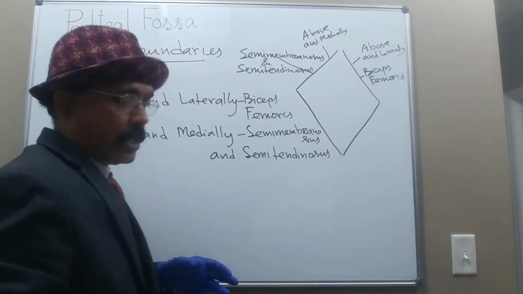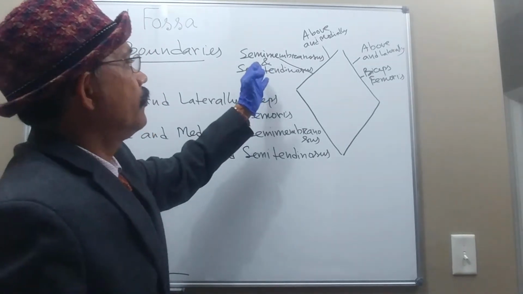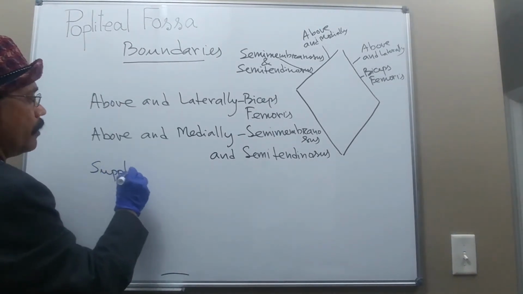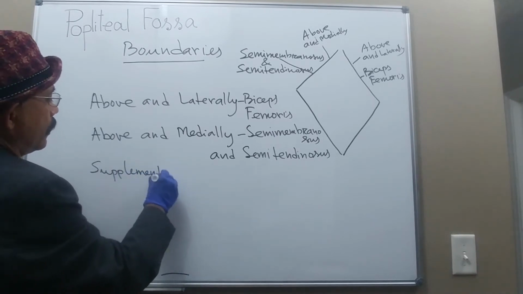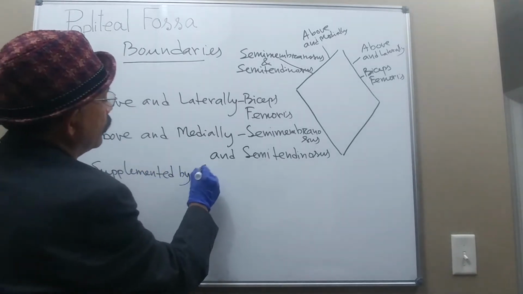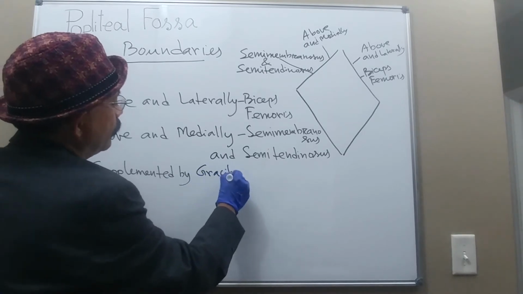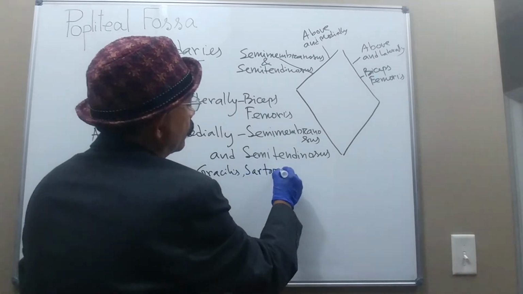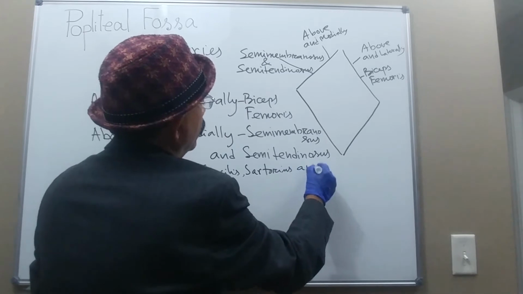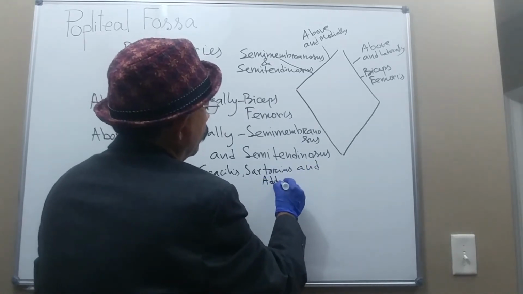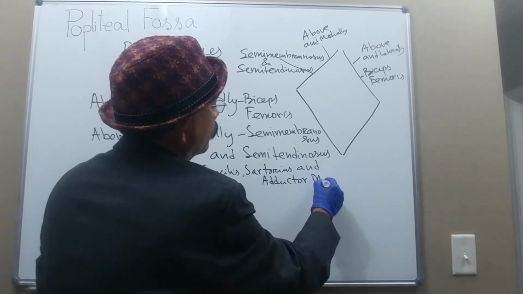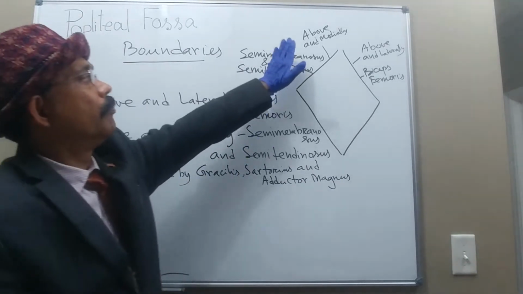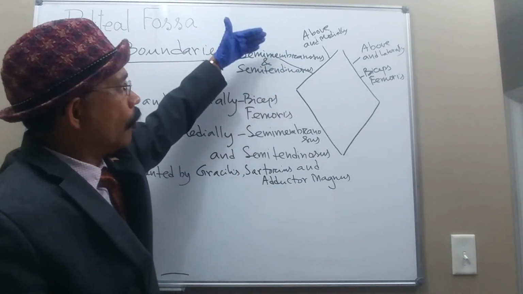Above and medially we have the semimembranosus and semitendinosus, supplemented by the gracilis, sartorius and adductor magnus muscles.